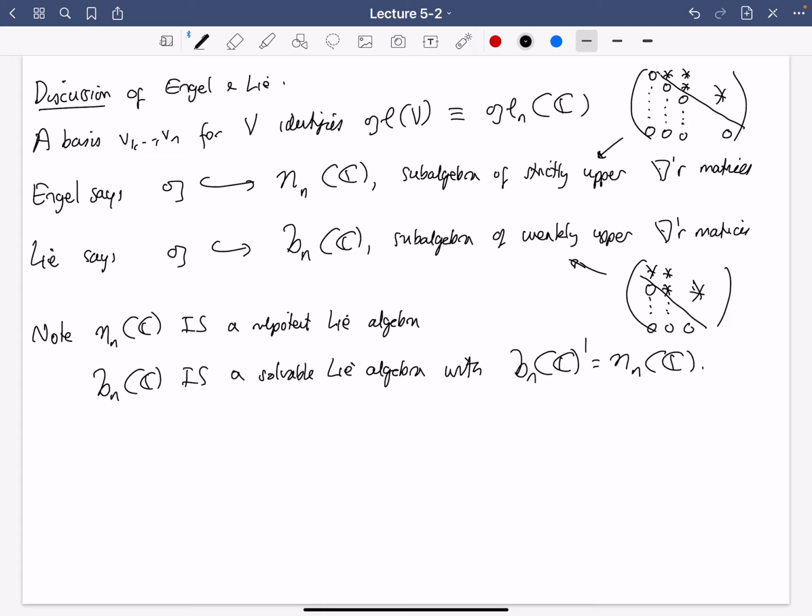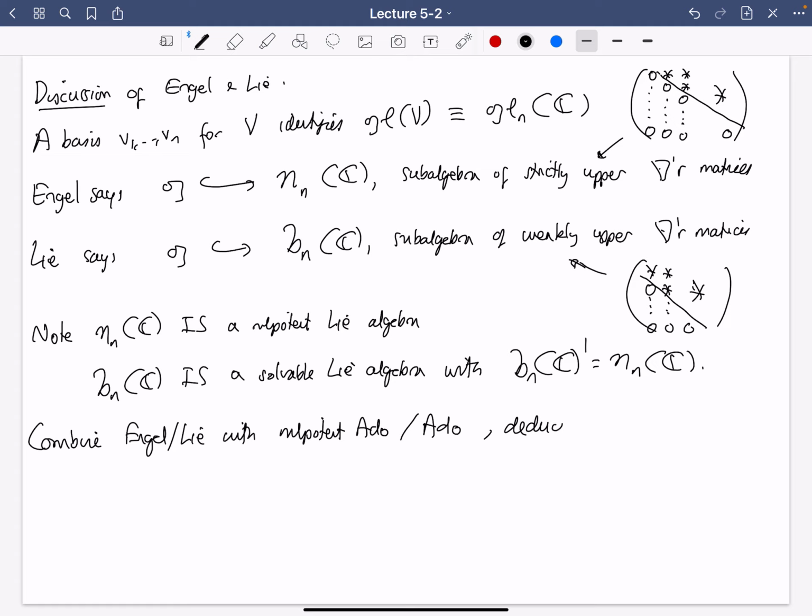So if you combine Engel or Lie with Ado's theorem, well, actually you want Engel's theorem and the nilpotent version of Ado, or Lie's theorem and the full version of Ado.